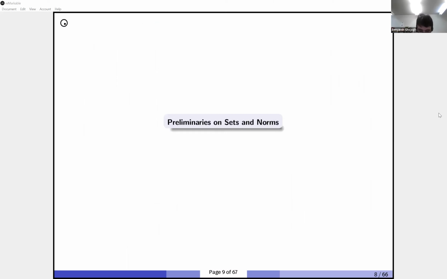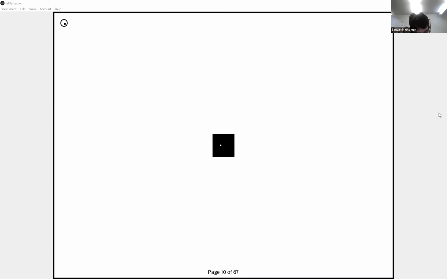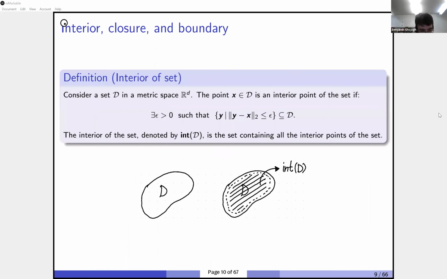Now let's go to sets and norms. So we have interior, closure, and boundary. Okay, assume that we have a set D. I call it D. And usually I denote a set using fancy capital letters like this.